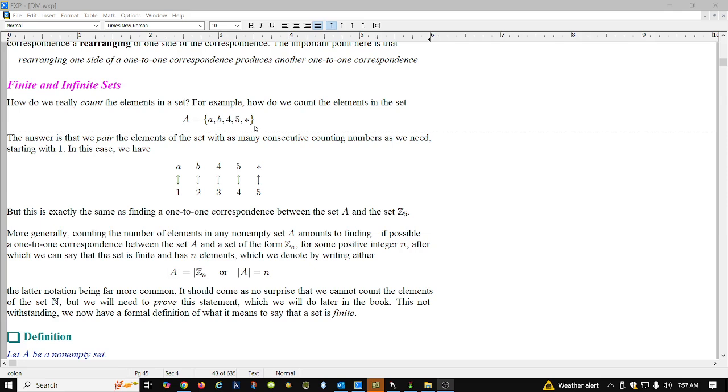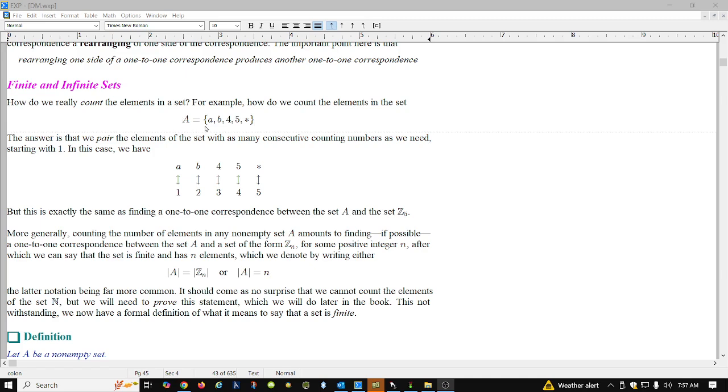How do you count these elements? You would go 1, 2, 3, 4, 5. So you will pair the elements of the set A with, in this case, the elements of the set Z sub 5. And here is one such pairing.